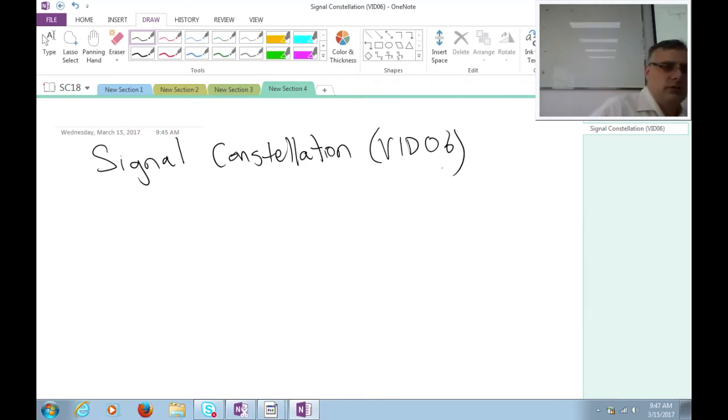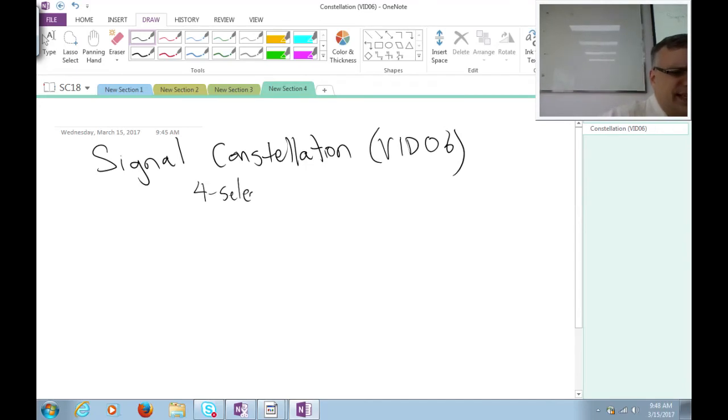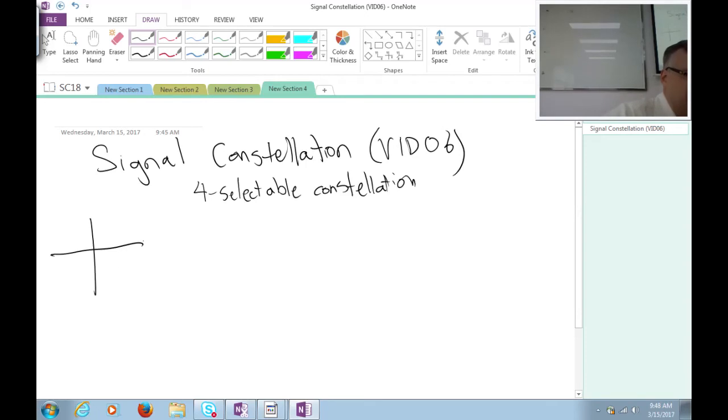Well, for DVB-S2, we actually use 4 selectable constellations. If things are bad, so I'm going to sketch the IQ diagrams here.